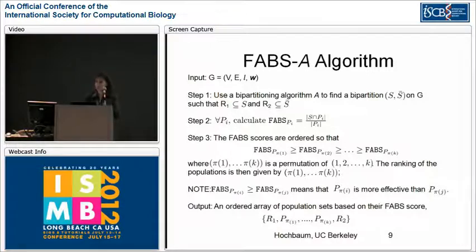So this will be a number between 0 and 1 associated with each population set i. In step 3, we sort those scores, and we get a permutation pi 1, pi 2, up to pi k, so that pi 1 is the most effective drug, pi 2 is the second most effective, and so on.